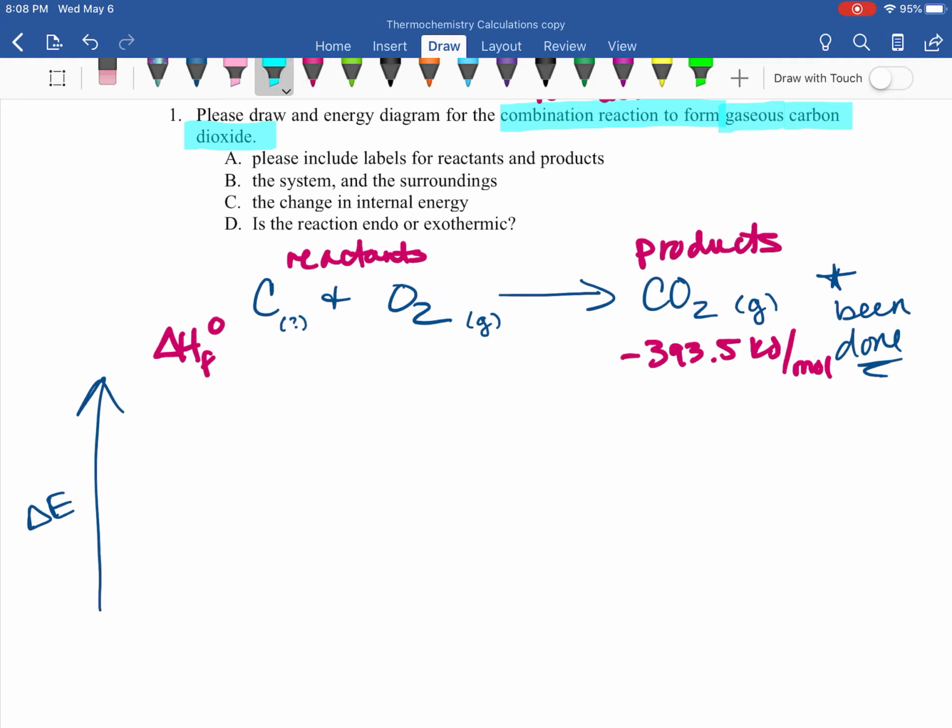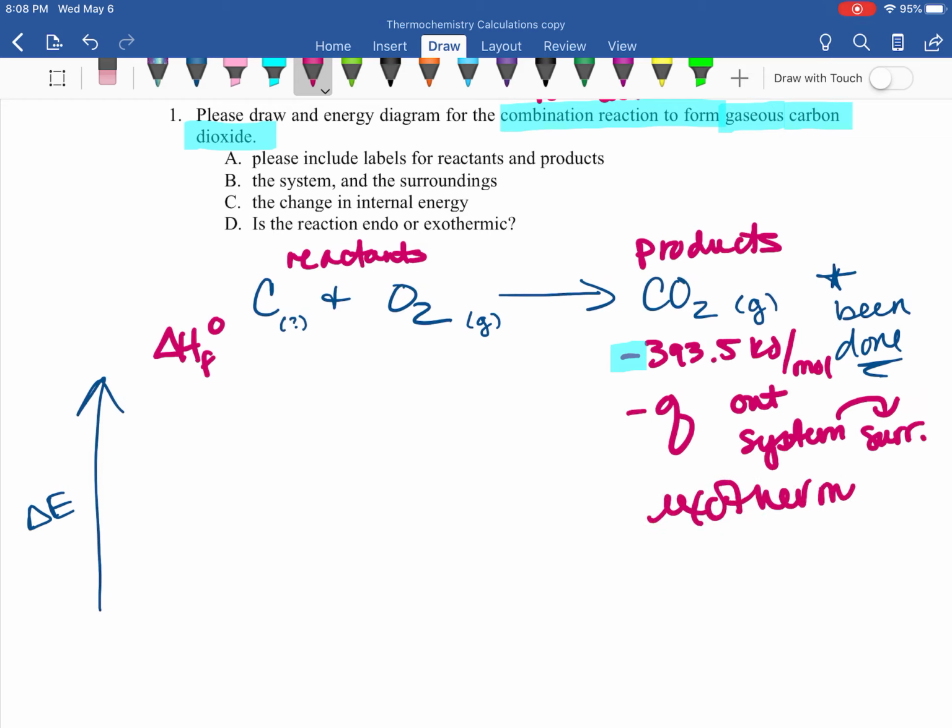So what does that mean? We learned in the last video what that negative means. That means our heat is going to flow out, from your system to your surroundings. So is that exothermic or endothermic? That is exothermic.